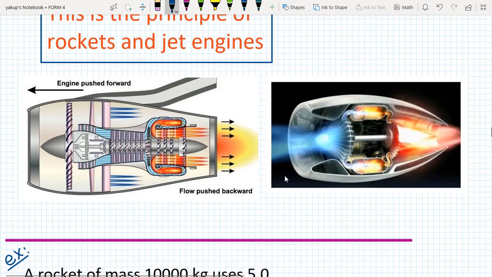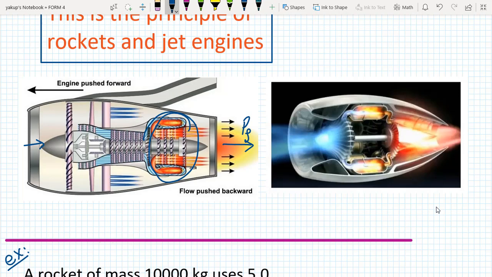Look here, this is the jet engine. How does it work? The air is entering from this direction, and here the air and the fuel are combined, and there is an explosion, and the gas is moving in this direction with very high speed, and here is the gas momentum.